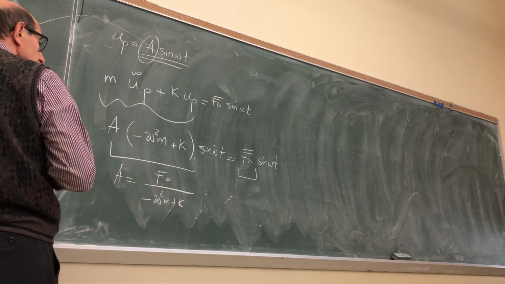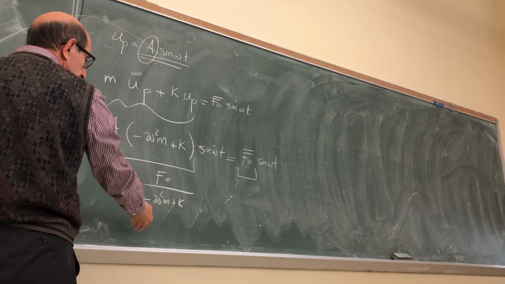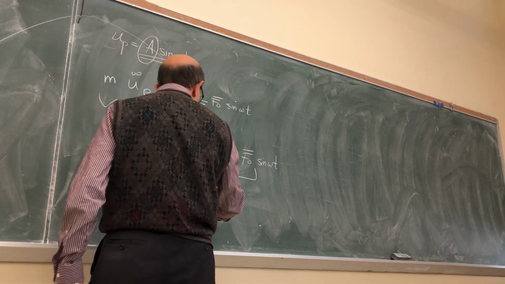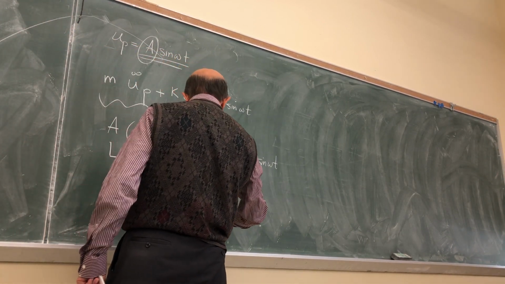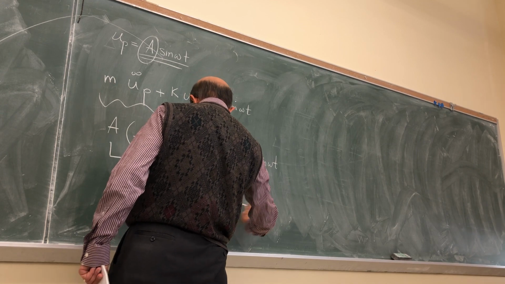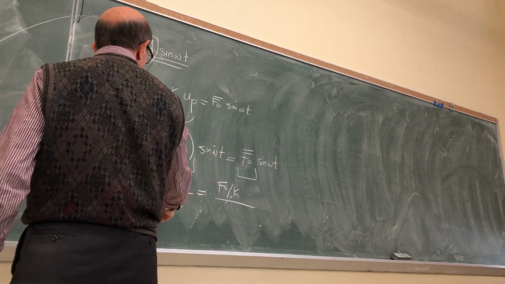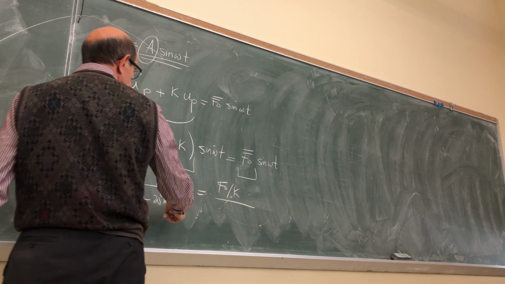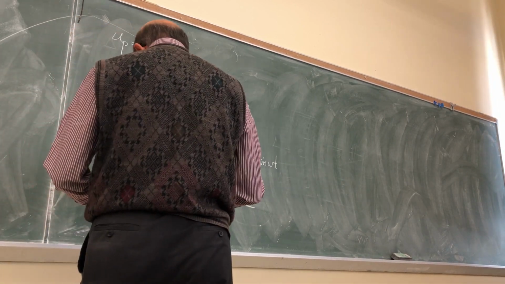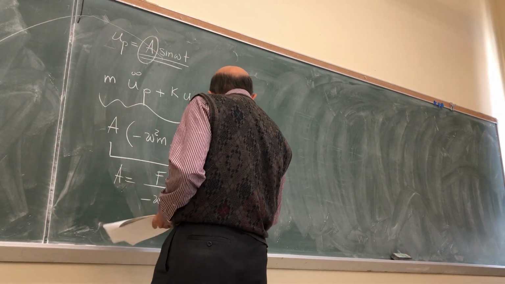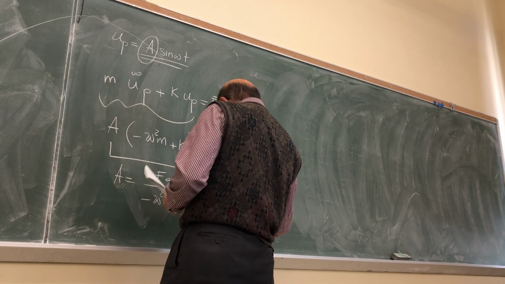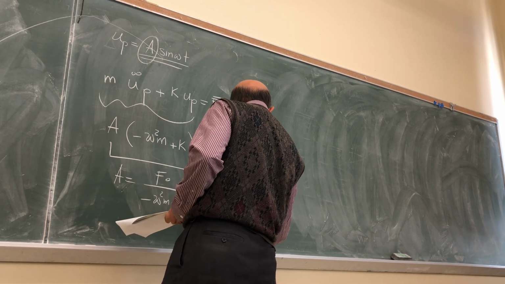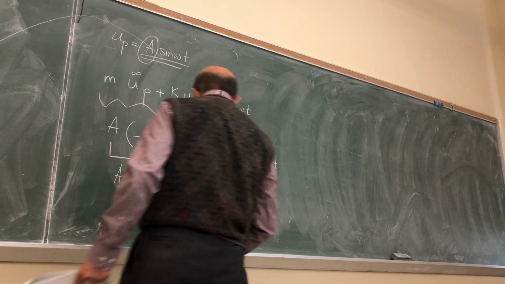You can actually divide the numerator and denominator by k, so you can write this as f0 over k divided by 1 minus omega squared over omega n squared.